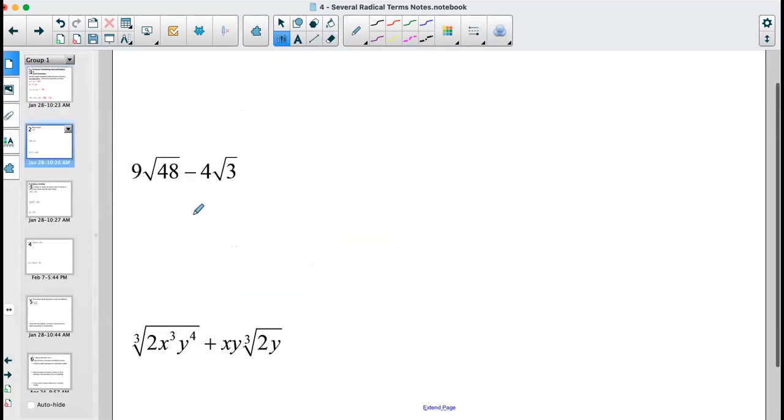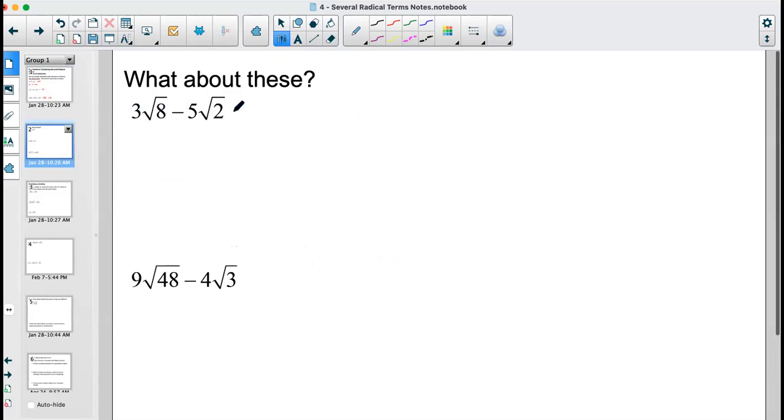Right, so what about these? So these appear to have different radical terms, like the square root of 2 and the square root of 8 are not the same thing, but the square root of 8 can be simplified. The square root of 8 is 2 root 2.